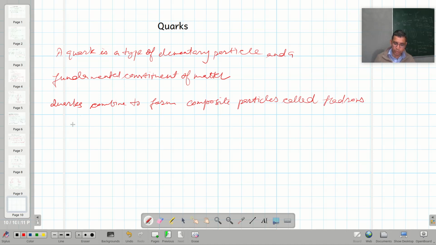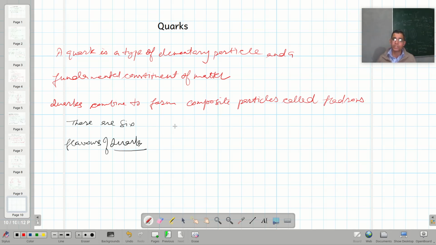Right. So there are 6 flavors of quarks, or in other words, 6 types of quarks, and their antiparticles will also exist.